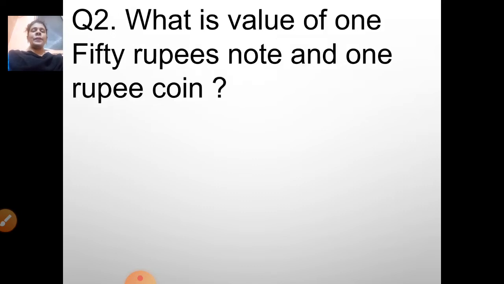Next question. Question number 2. What is the value of a 50 rupees note and 1 rupee coin? If you are having a 50 rupees note in one hand and a 1 rupee coin in another hand, what will be the total value?